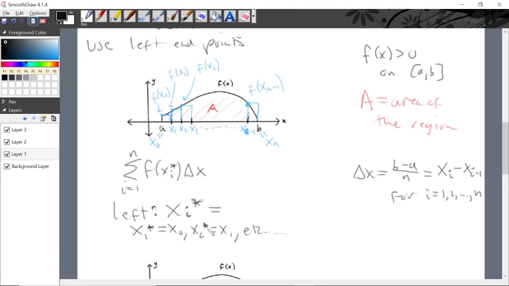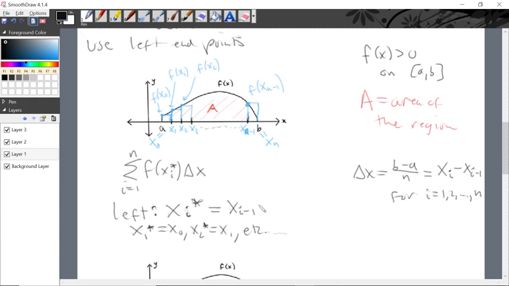The nth x star value, xn star, is going to be xn minus 1. That's by the left endpoint rule. So in general, xi star can be thought of as being xi minus 1. For instance, x2 star is equal to x2 minus 1.